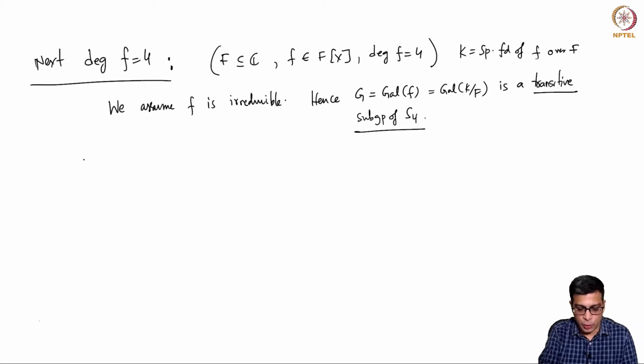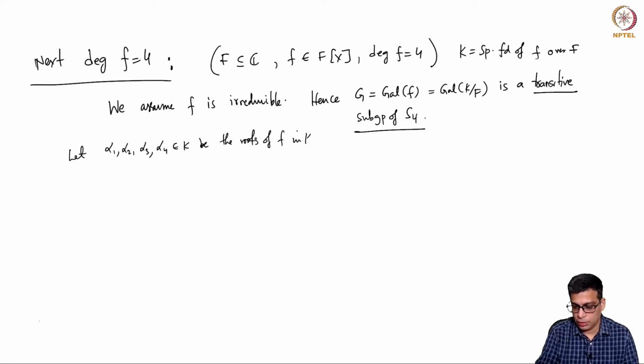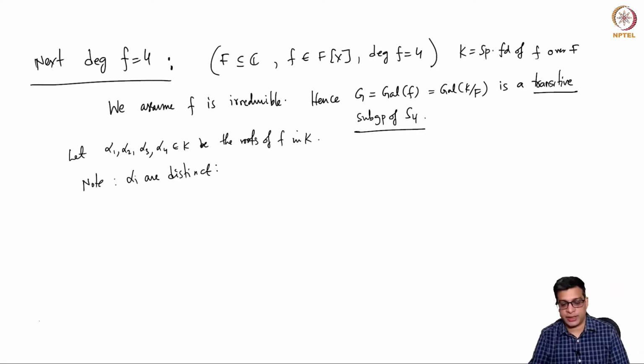Let alpha 1, alpha 2, alpha 3, alpha 4 be the roots of f in K. We recall that the alpha i's are distinct, because f is irreducible and you are in a characteristic 0 field.